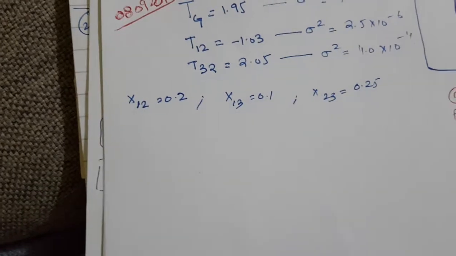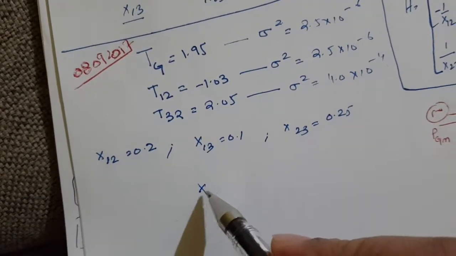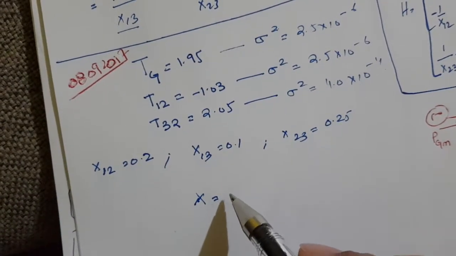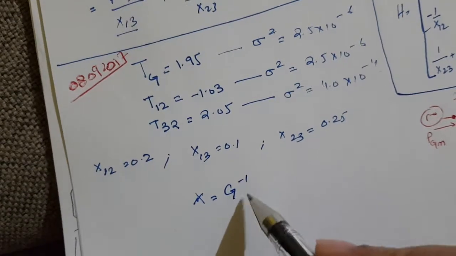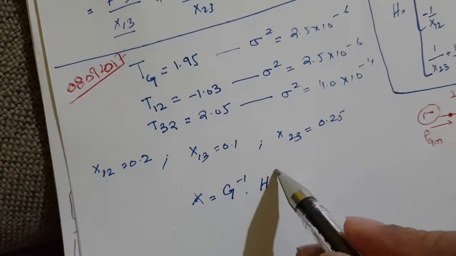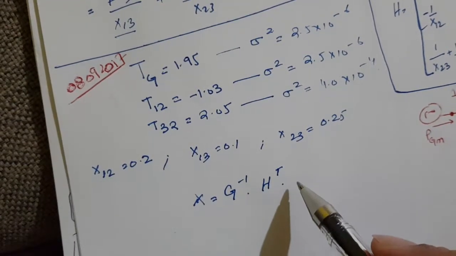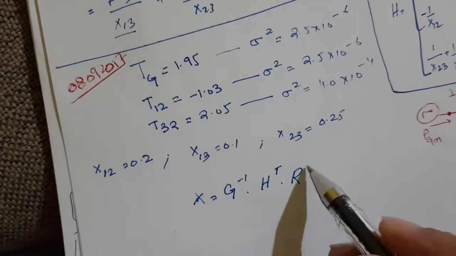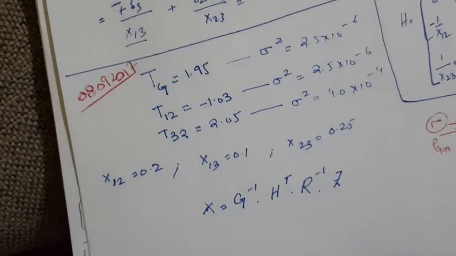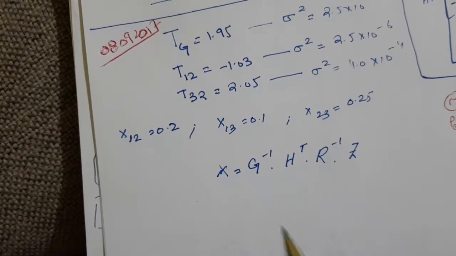Guys, always remember there is one formula for the state estimation, that is x is equal to G inverse matrix H transpose residual values inverse and Z. Here some of the values are given and some we have to find.